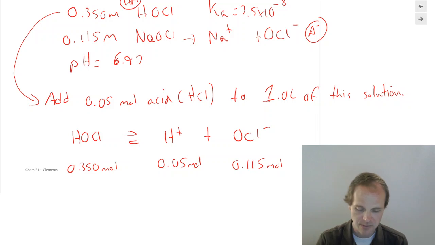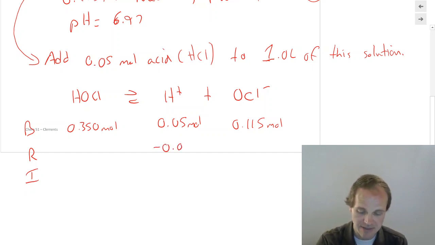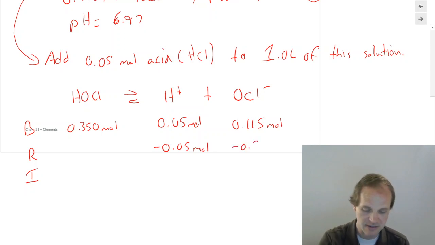So this is our B, and then it's R and I, before react, and then our initial for our equilibrium problem. We know that anytime there's a strong reaction, that strong reaction is going to happen. Since I have a bunch of H plus sitting around, it's going to react with that OCl minus. It's going to make me some HOCl, and so I'm going to use up as much of this as I can. I'm limited here by my H plus, not by my OCl minus.